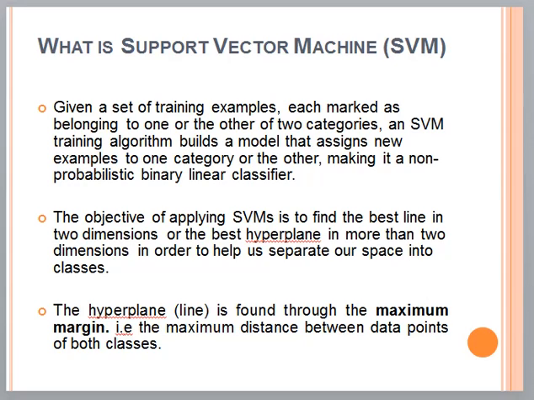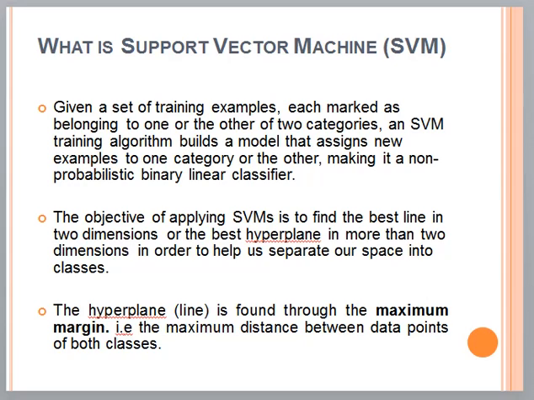So in two dimensions, we want to have a decision boundary, while in more than two-dimensional or three-dimensional space, we want to have a hyperplane which could distinguish between two sets of data and can classify different instances into their corresponding classes. The hyperplane or line is found through maximum margin.